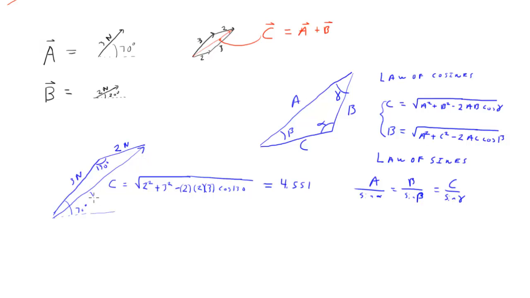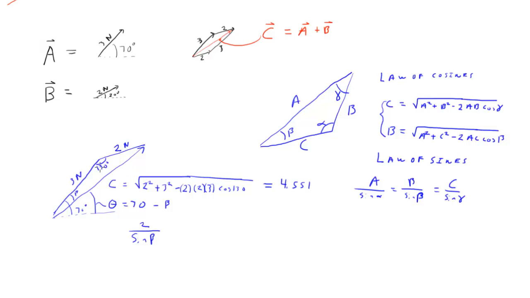It'd be nice also to know this angle right here, right? What's this angle? Well, it's actually 70 minus this little angle right here, which we'll call beta. 70 minus beta. How can we determine what beta is? Well, the sine of beta over 2, right?